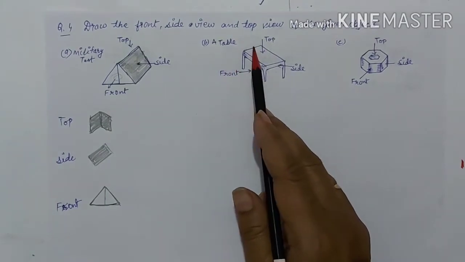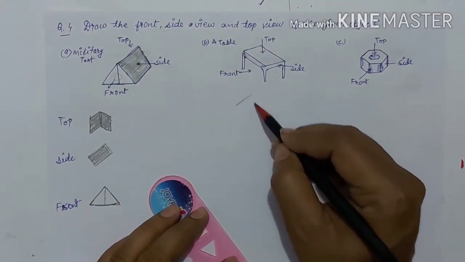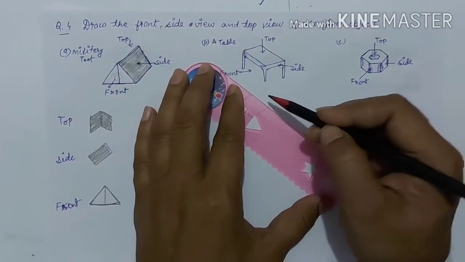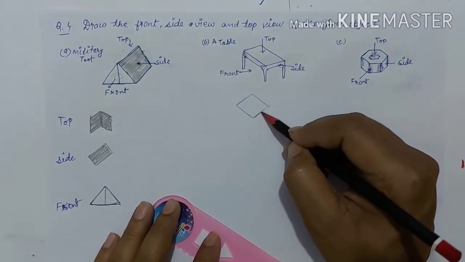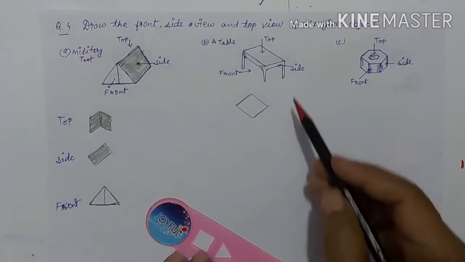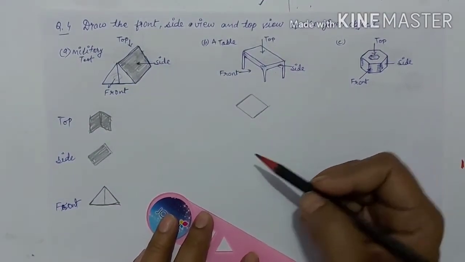Second is a table. The table top is a rectangle shape. You draw a rectangle shape. This is the top view. Side view, you show these two legs.